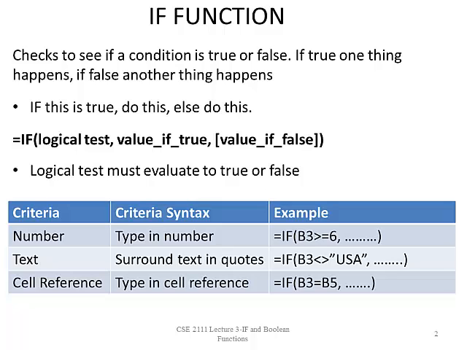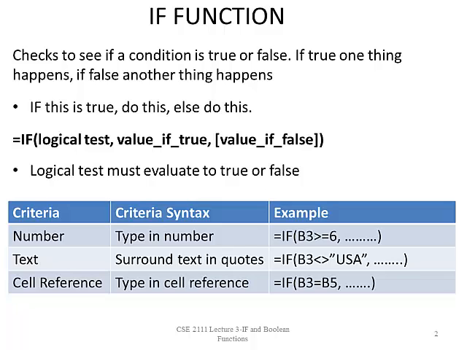Let's talk about the criteria syntax. If the criteria that you are using is a number, then you just type the number in with the argument. So for example, equals IF B3 greater than or equal to 6. It says if B3 is greater than or equal to 6, if that's true, comma, do this, else do this.